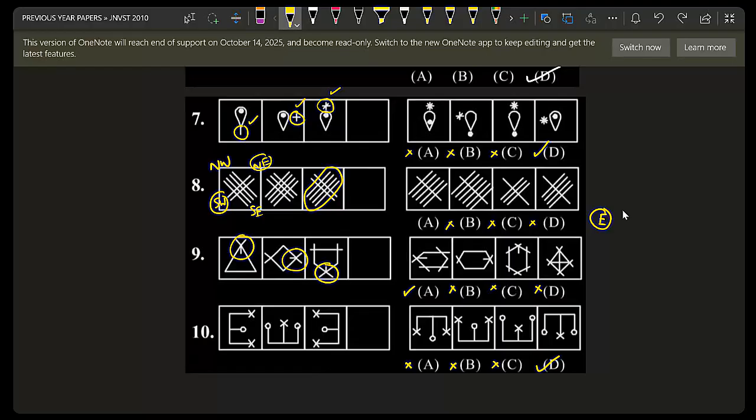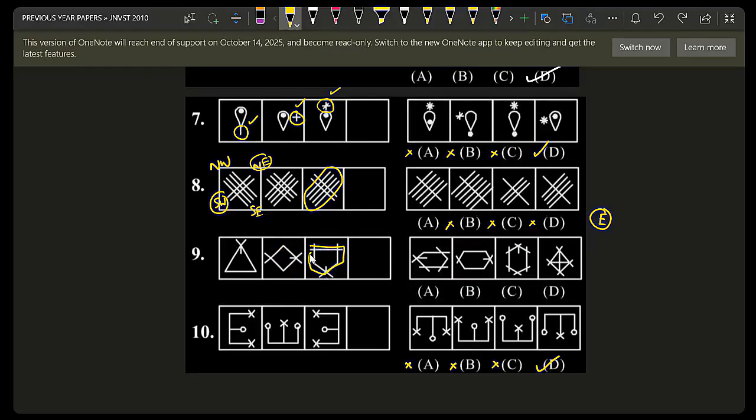Lokesh? Sir, I did not understand the 9th question. Ninth question, let us discuss once again. In a triangle, how many sides are there, Lokesh? 3. Say? Sir, 3 sides. In a quadrilateral, how many sides we have? 4 sides.